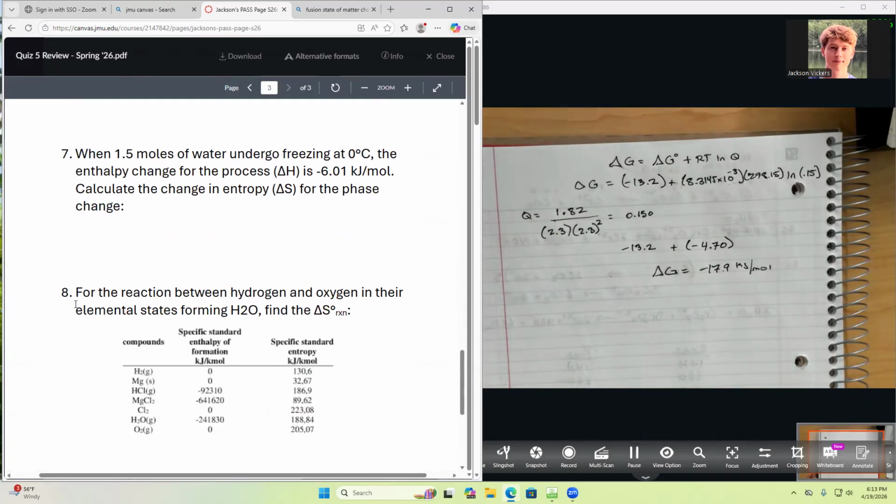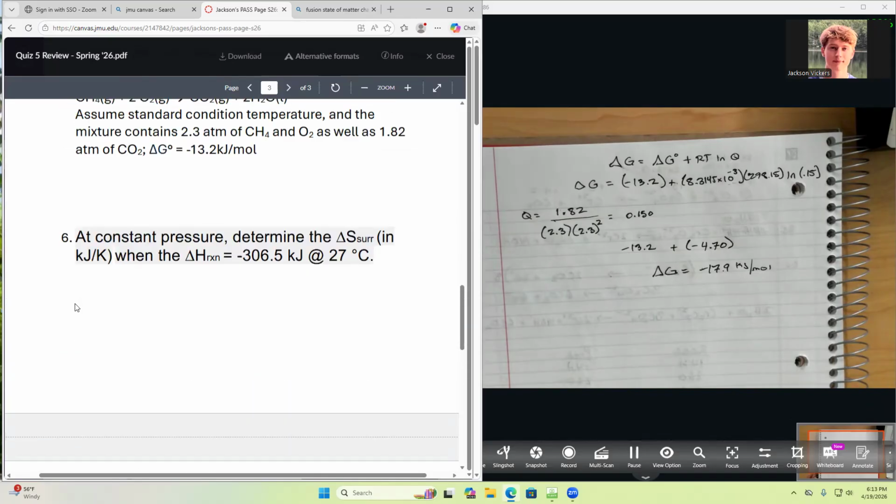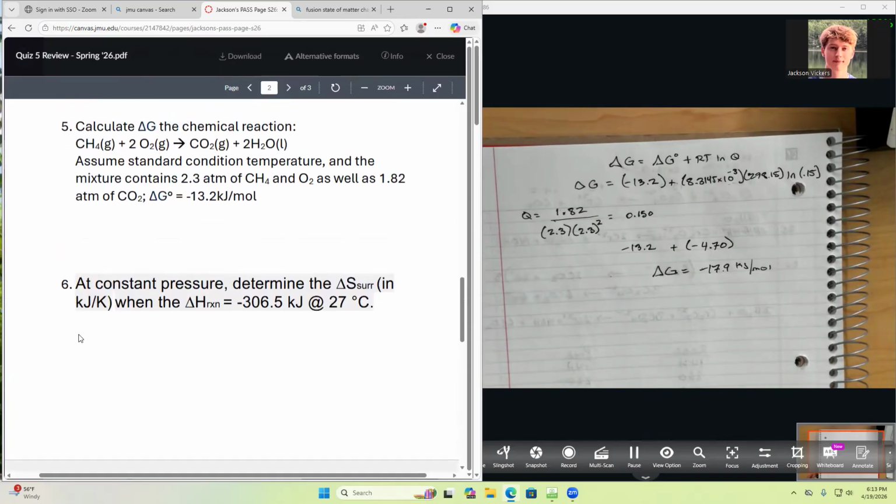All right, next one. I don't have too many left, but at constant pressure, determine the delta S of the surroundings when the delta H of the reaction is negative 306.5 kilojoules at 27 degrees Celsius.